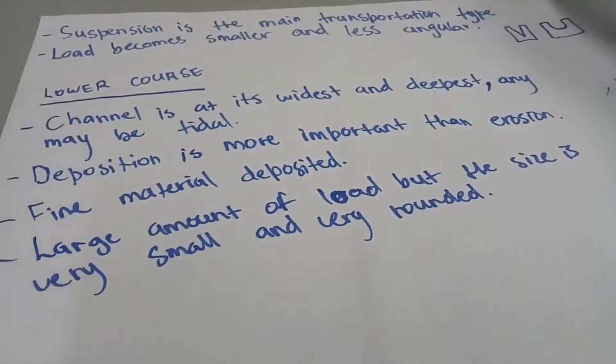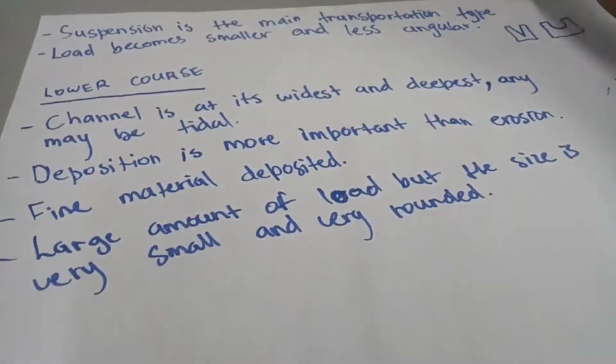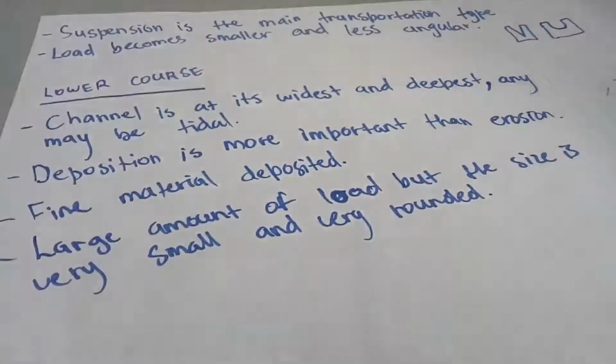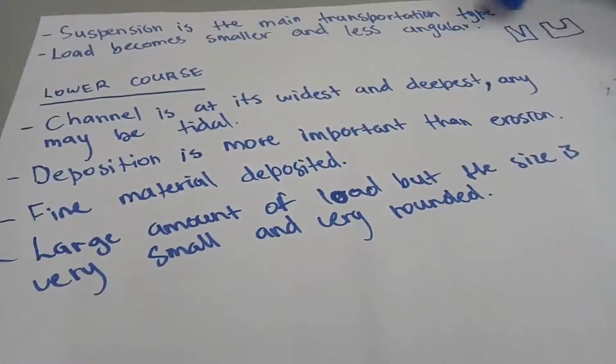Okay. In the lower course, the vertical erosion has decreased, and the lateral erosion has increased very much just after the middle course, as those types of erosion have changed from the upper course, because in the upper course there is much vertical erosion, causing it to be V-shaped.